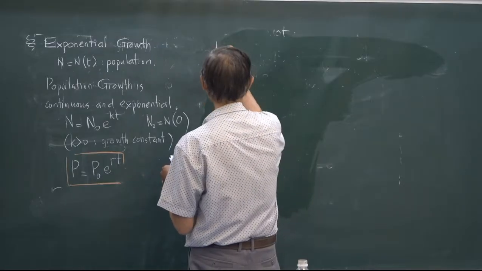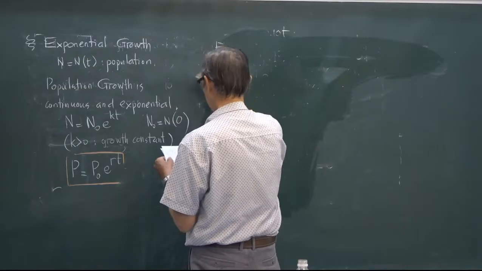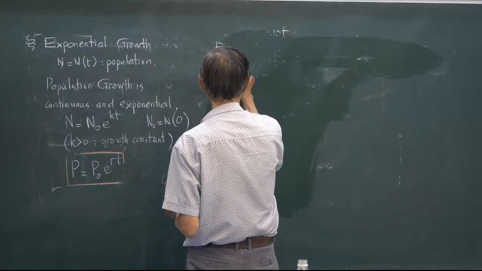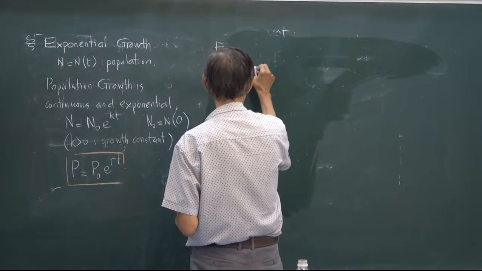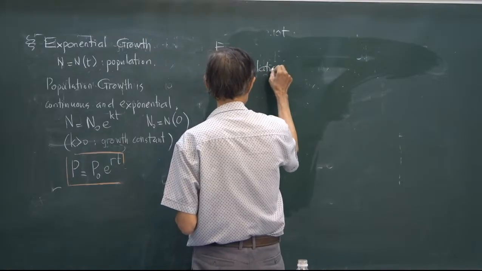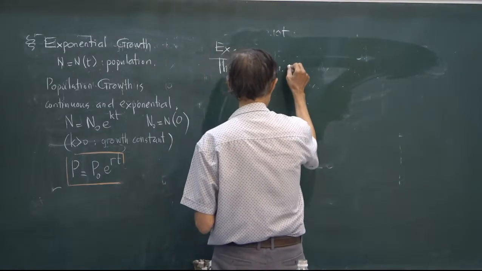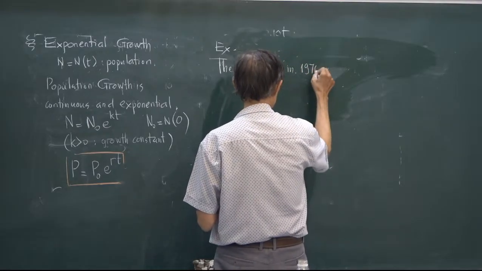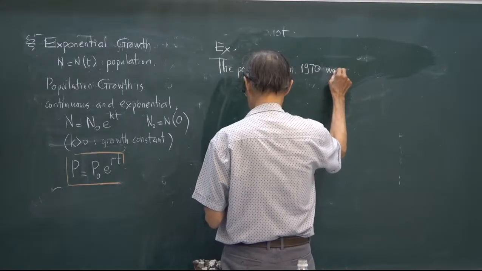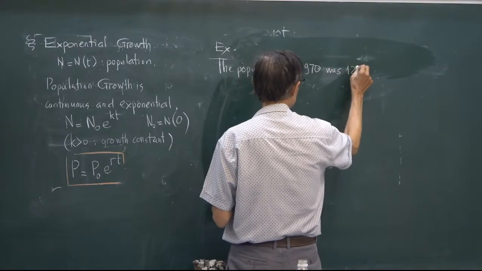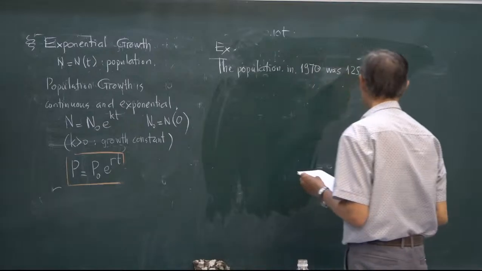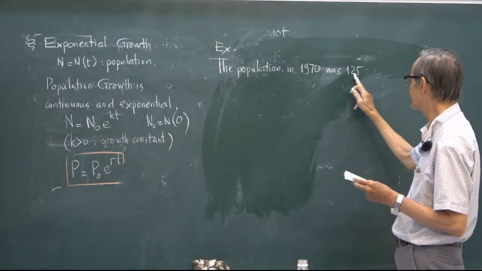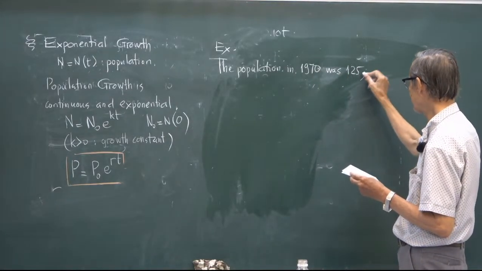Now consider some example. The population in 1970 was 125,000.